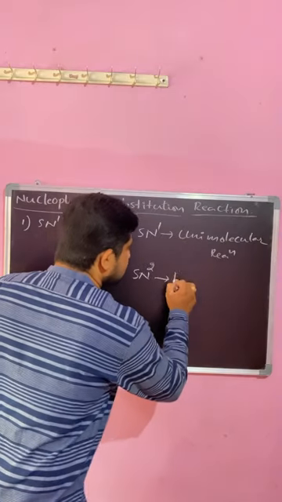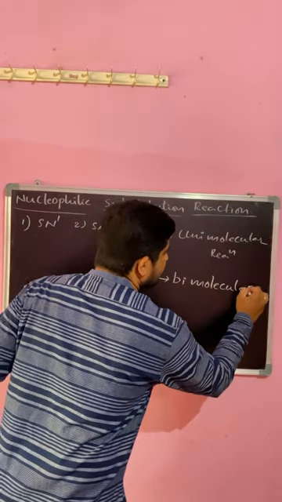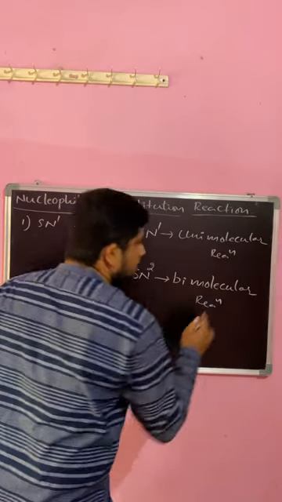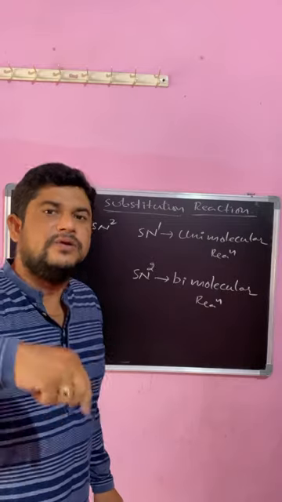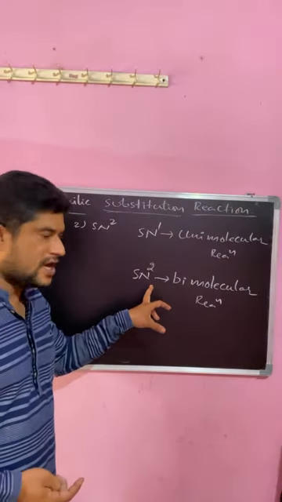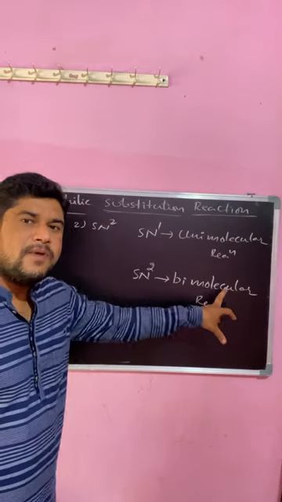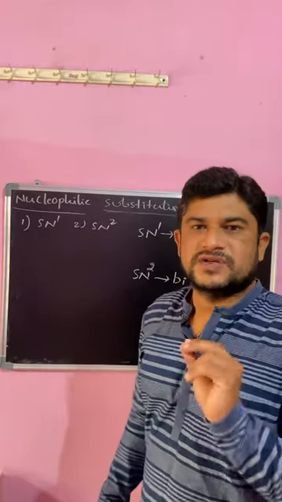The SN2 reaction is a bimolecular reaction, meaning the rate of reaction will depend upon two species: the alkyl halide concentration and the nucleophile concentration. That's why it is called a bimolecular reaction.